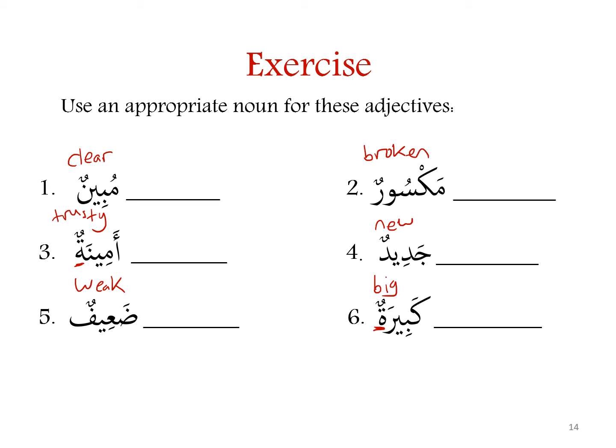So we'll put some relevant words. For mubinun, clear, what comes to mind is book. So if I'm going to say the book is clear, I would have to say al-kitabu.